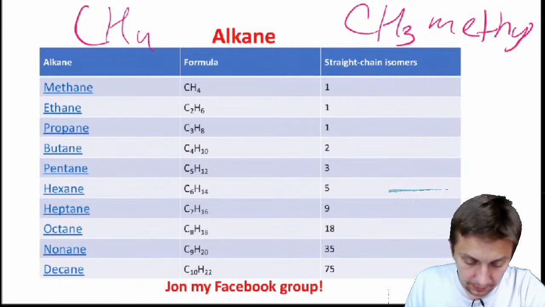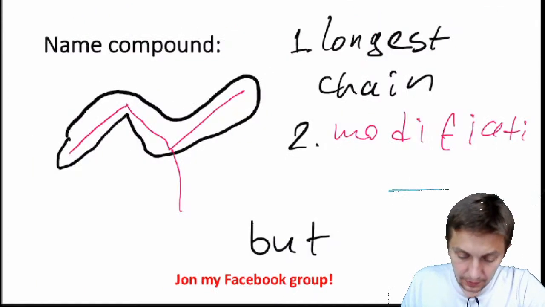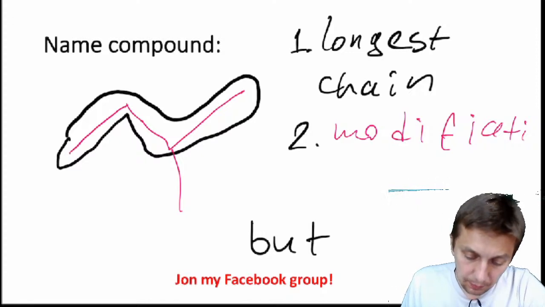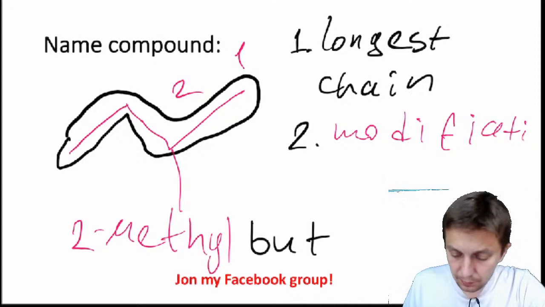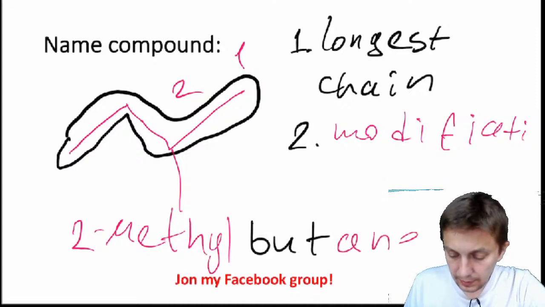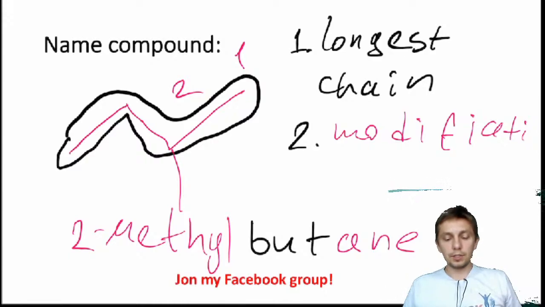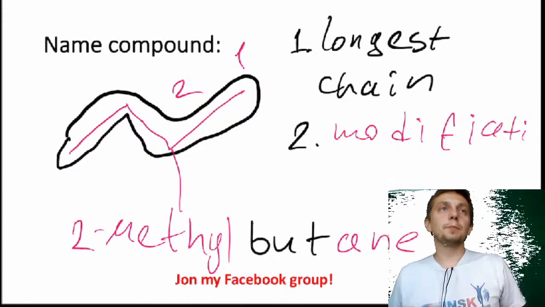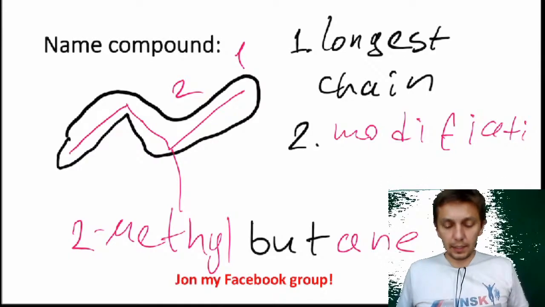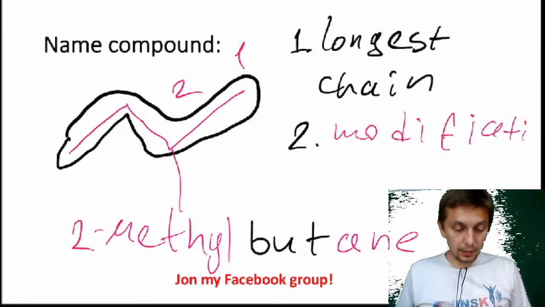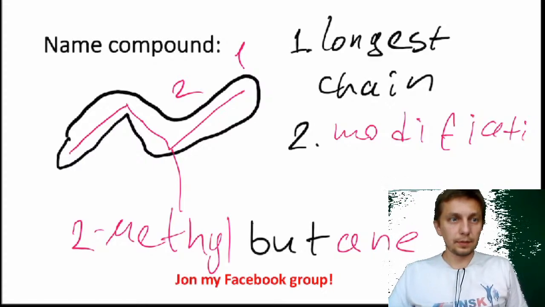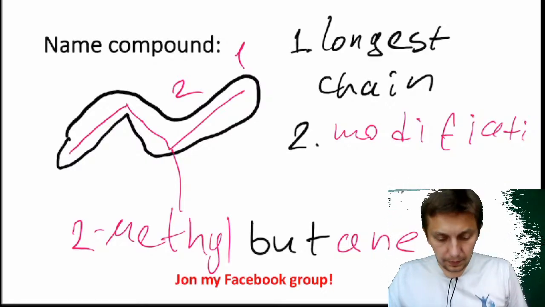So these groups are in position 1, in position 2, in position 2: methylbutane. So find the longest chain, find modifications, name all modifications, and name the groups of compounds. It's typically how it works.